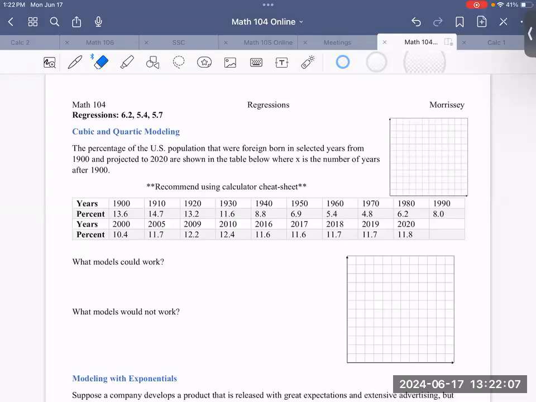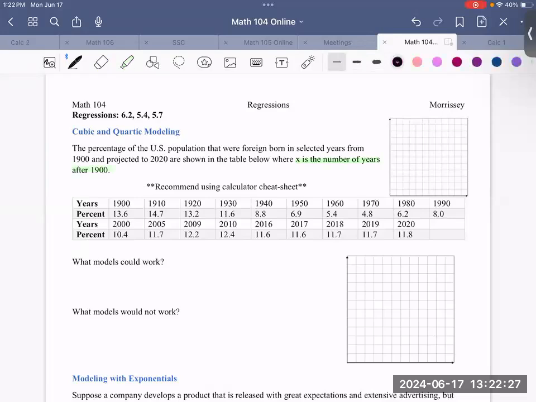This particular one says the percent of US population that were foreign-born in the selected years from 1900 and projected to 2020 are shown in the table below, where X is the number of years after 1900. We have seen that sentence before. What does it mean?